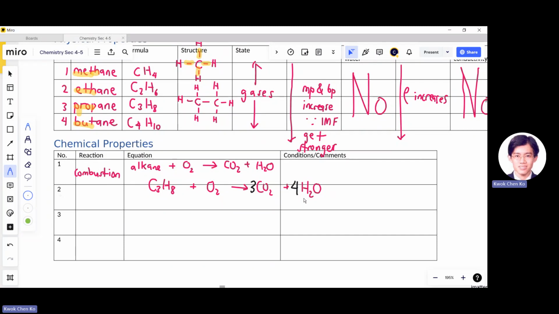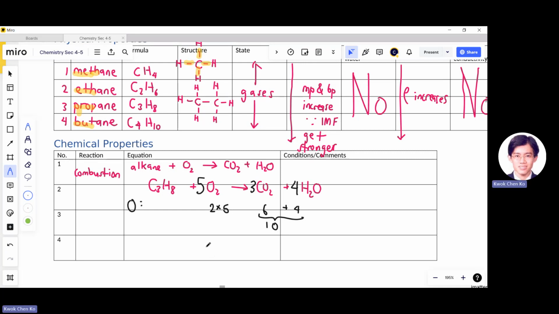Are you sure it's 2O2? So how many O2 do I need? Come, look at O. How many on the left? Two. How many on the right? 3 times 2, 6. 4 times 1, 4. So there are 10 on the right. 5. Yes. Left side times 5. Don't be careless because this is likely to come up.